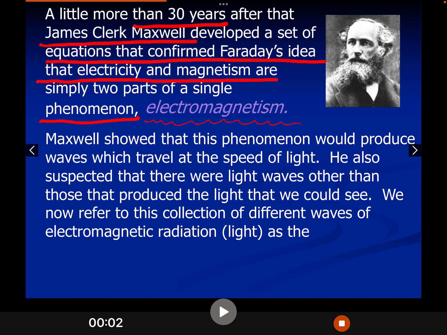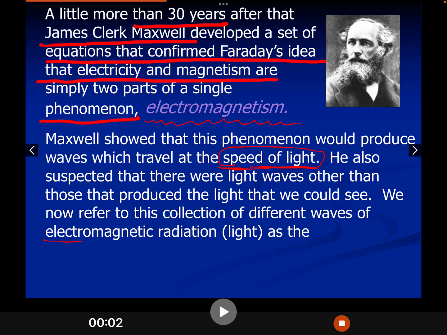So Maxwell showed that this electromagnetic phenomena would produce waves that traveled at the speed of light. Again, we'll have more information on the speed of light in upcoming lectures. Maxwell also suspected that there were light waves other than those that we can see, and he was right.